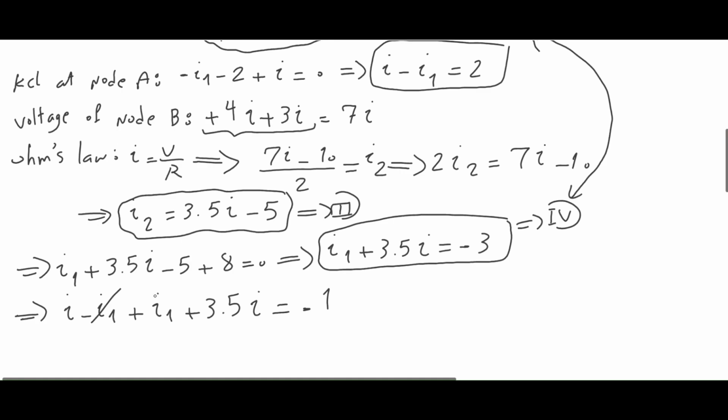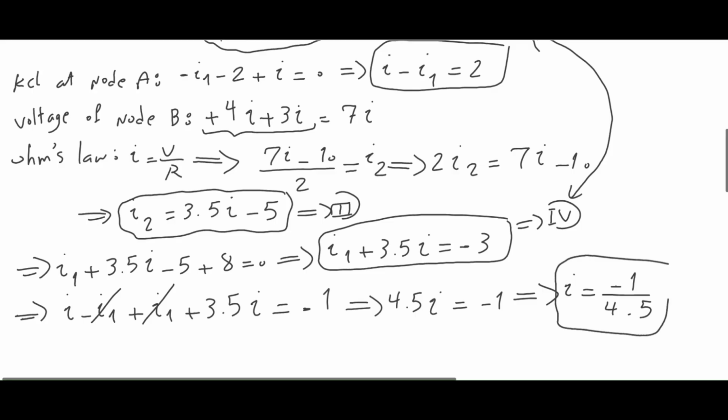So negative I1 and positive I1 cancel out. I plus 3.5 times I is 4.5 times I equals negative 1. So from here, I, which is what we were looking for, is minus 1 over 4.5.